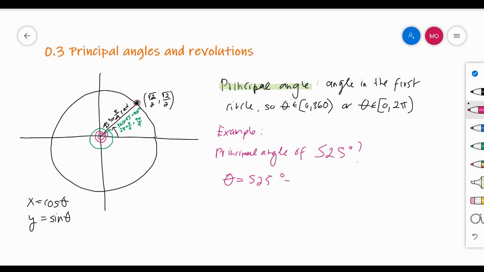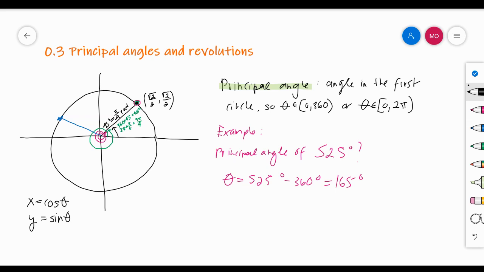We're going to subtract a circle from this, so we subtract 360. 525 minus 360 is 165 degrees. So your 165 is somewhere here. This angle there is not just 165, it's also 525. And we could go on like this and keep adding 360 to it if we wanted to.